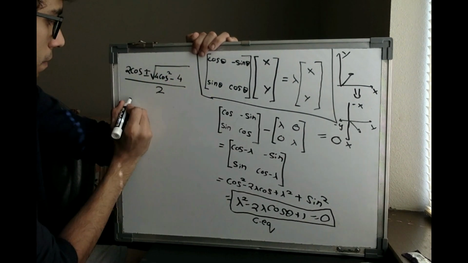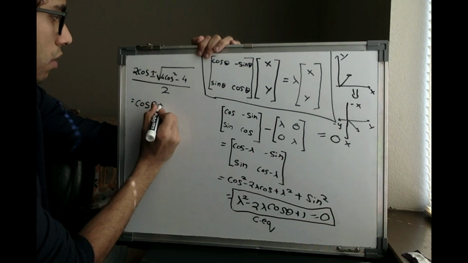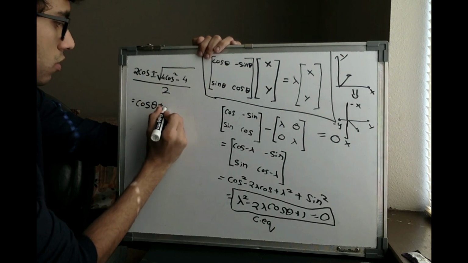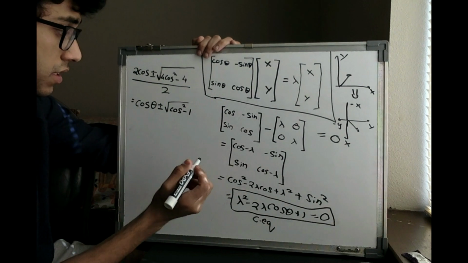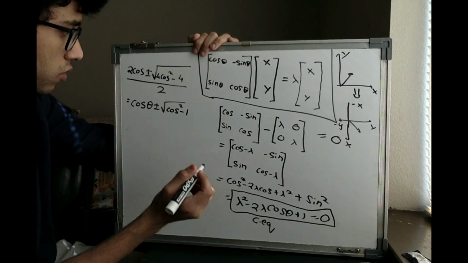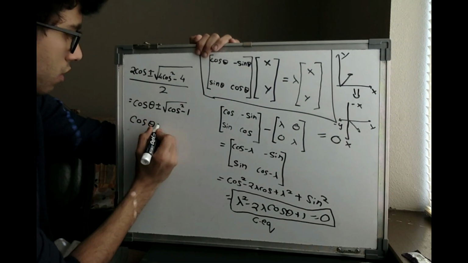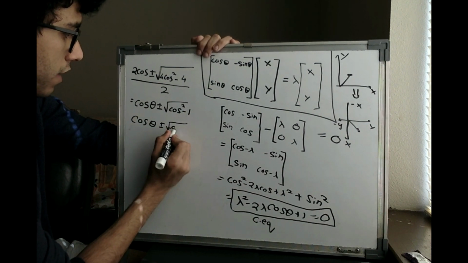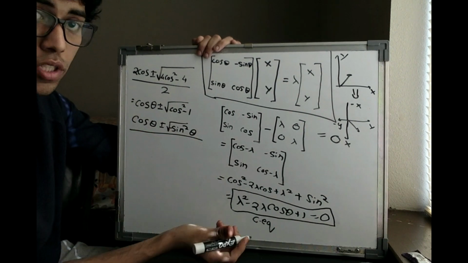The 4 gets taken out and cancels with the 2, so we get cosine theta plus or minus the square root of cosine square minus 1. Again, sine square plus cosine square equal to 1, so cosine square minus 1 is equal to negative sine square. So cosine theta plus or minus the square root of negative sine square theta are my roots of this equation.